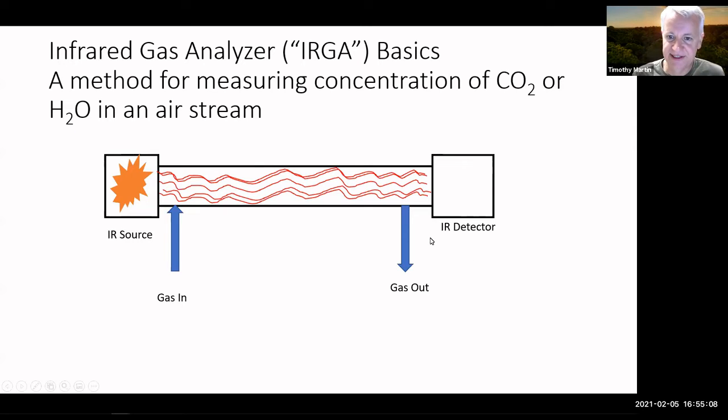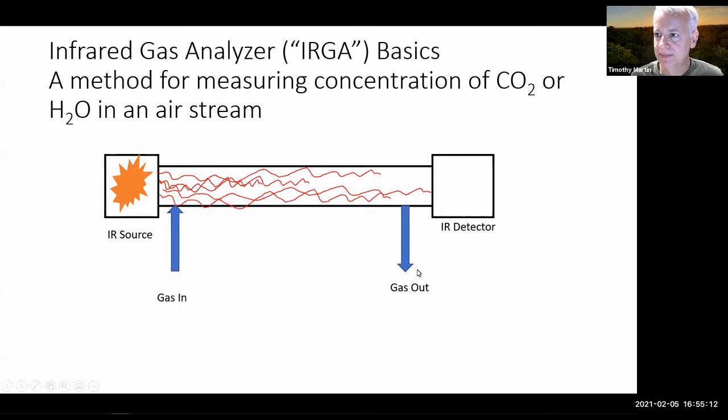Now let's say, for instance, that the gas that we're putting through this tube has some amount of CO2 in it. Those CO2 molecules in the gas will absorb infrared radiation in this tube, and not all of the infrared radiation then will make it to the detector because it's been absorbed by CO2 molecules in between.